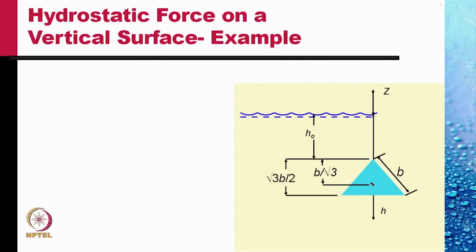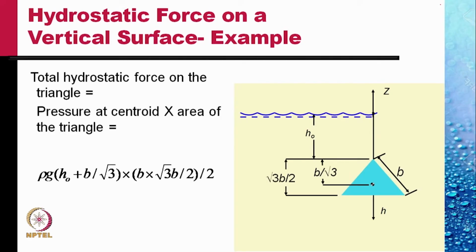The total depth of the centroid is h0 plus b by √3, and so the total force is the pressure at the centroid, which would be rho g into (h0 plus b by √3), multiplied by the area of the plate. The area of the plate being b times √3 b by 2, divided by 2.